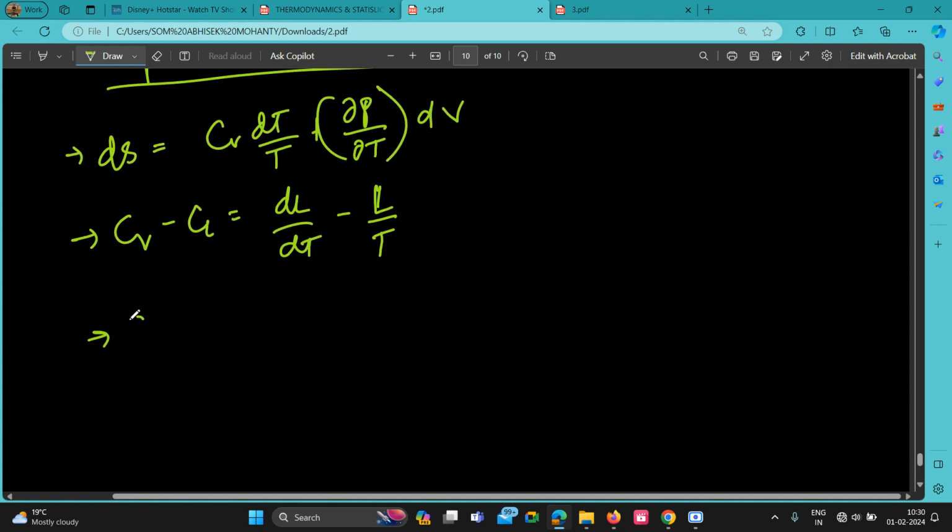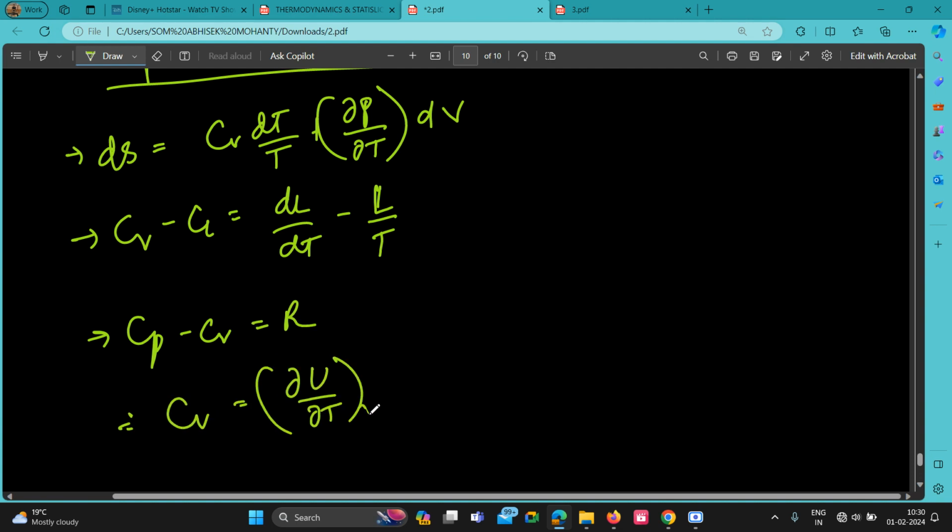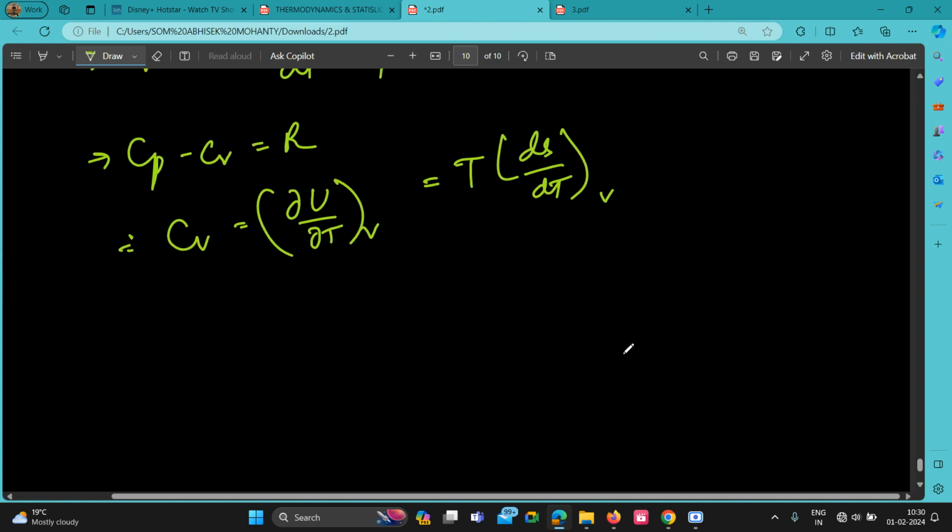CP minus CV is equal to R. CV is equal to del U by del T at V, which is equal to T del S by del T at V.